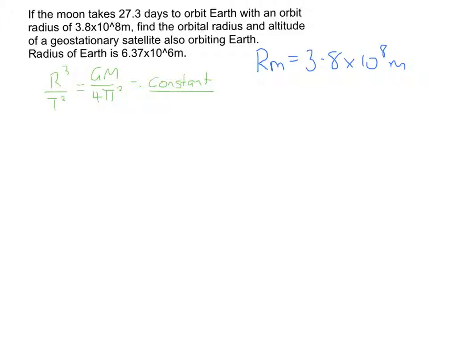We have the period for the moon, which we calculated in the last question as being 2.36 by 10 to the 6 seconds. The other thing that we're looking for is the radius of the satellite, which we don't know what that is.